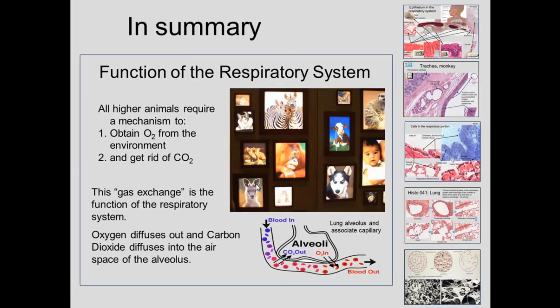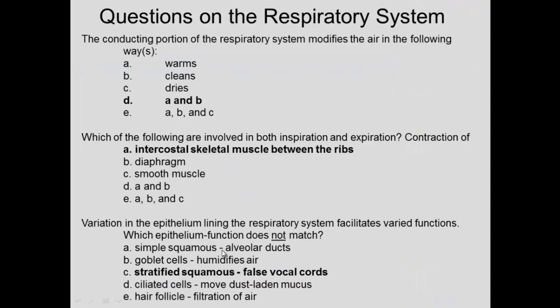So in summary, the function of the respiratory system is gas exchange. Oxygen comes out of the airspace into the blood, and carbon dioxide comes out of the blood into the airspace.